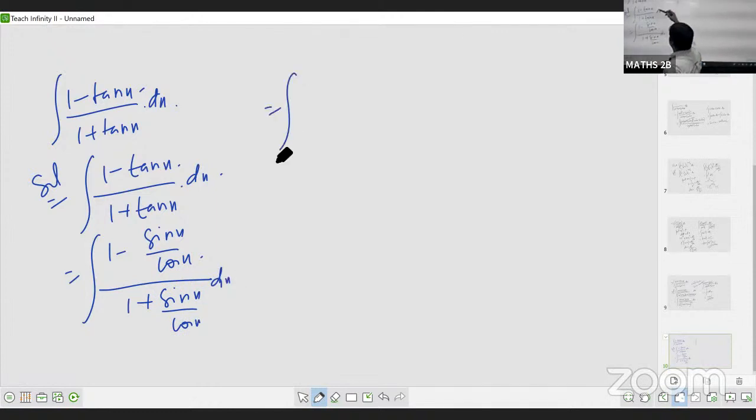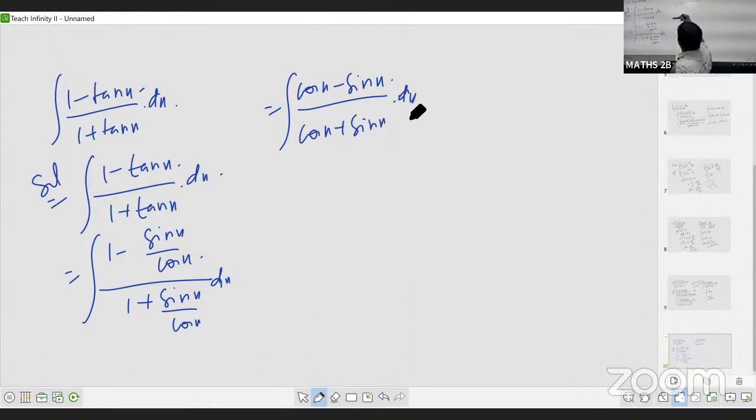That is, take LCM. Cos x minus sin x, and cos x plus sin x. Cos x gets cancelled after taking LCM.